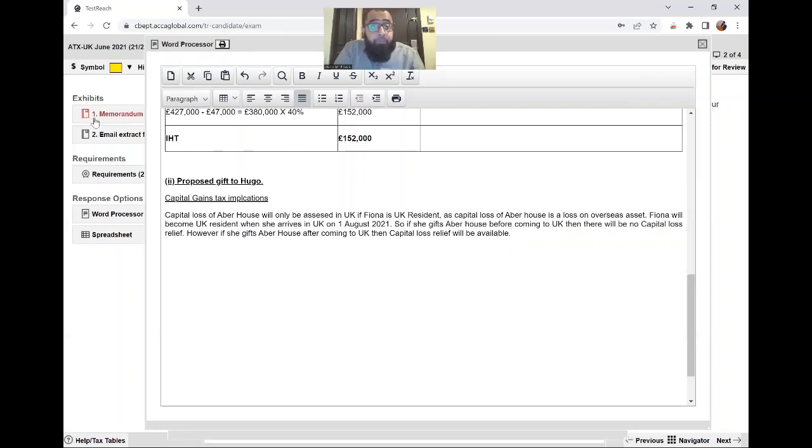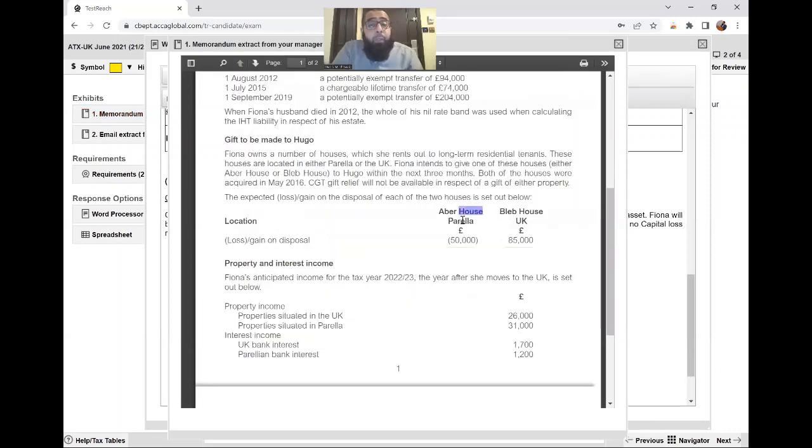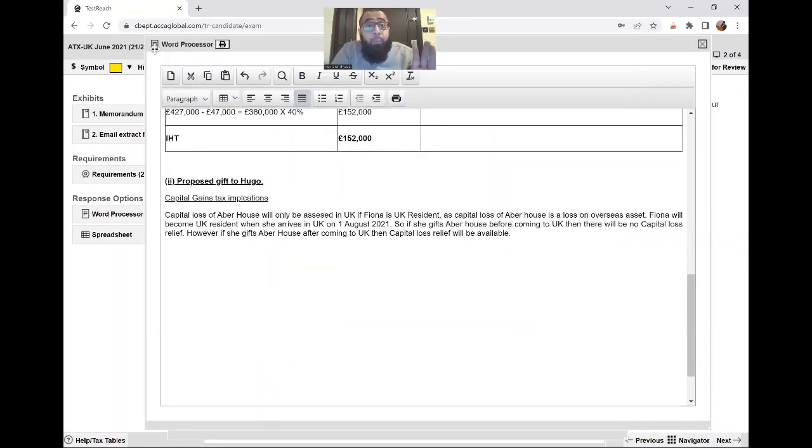We talked about the Aberhouse, which is located in Kerala, with a loss of 50,000. The second one is a Blab House, which is located in UK, and there is a gain of 85,000. That is very simple.